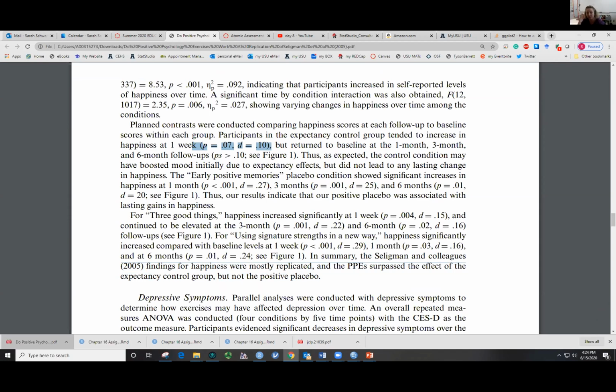No, they're doing T values, but they're not typing in the T values. They're only giving the P values. And they said they're doing planned contrasts. I think they're doing pairwise contrasts. Is this D 25 or is that 0.25? I think that should be 0.25 and this one's 0.20.